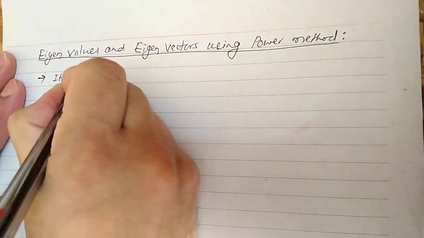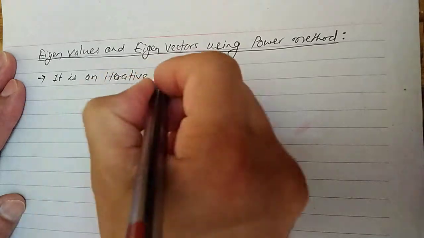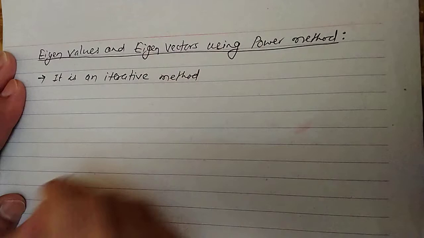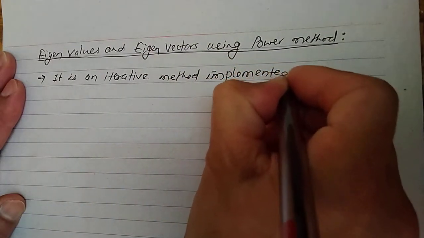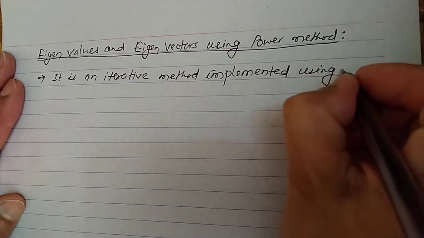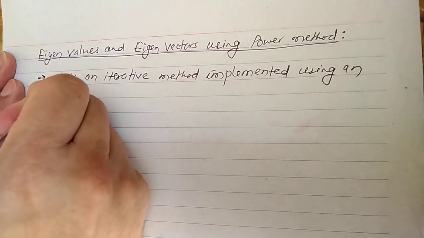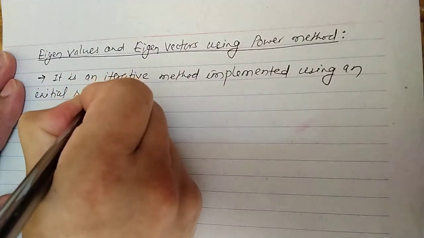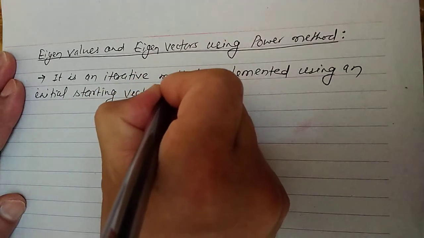Power method is an iterative method. It is an iterative method implemented using an initial starting vector x.